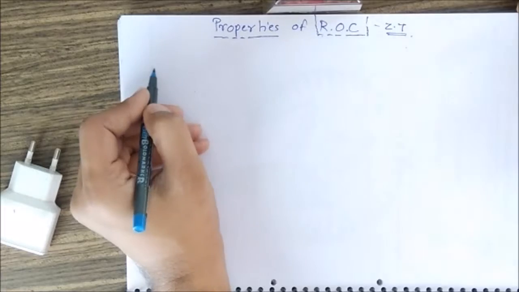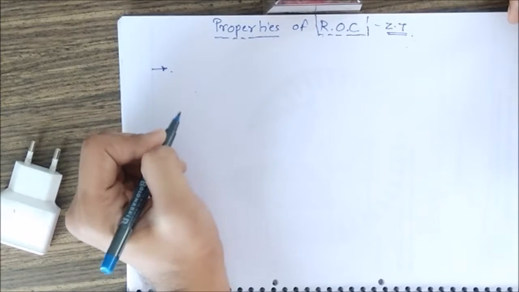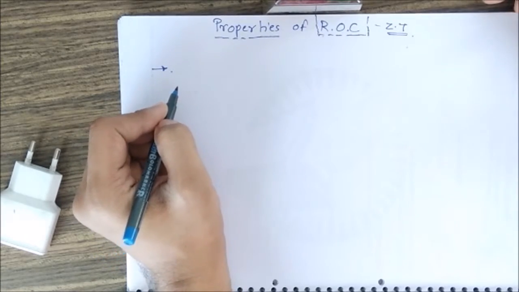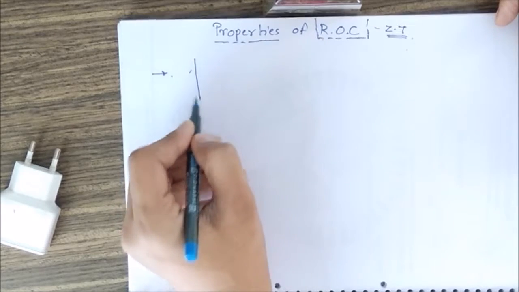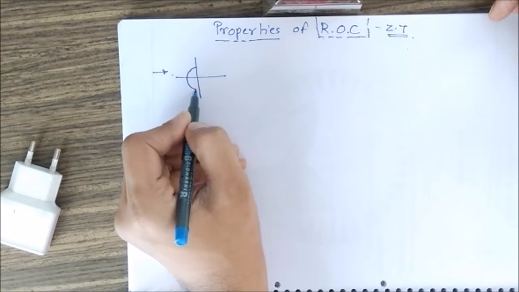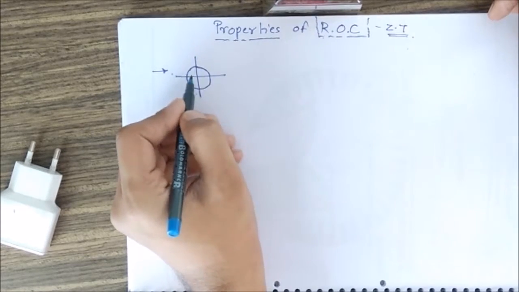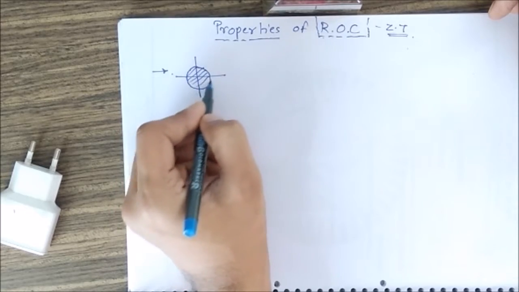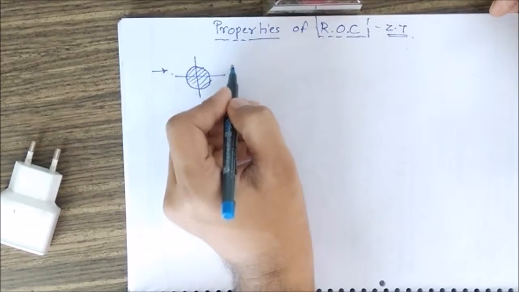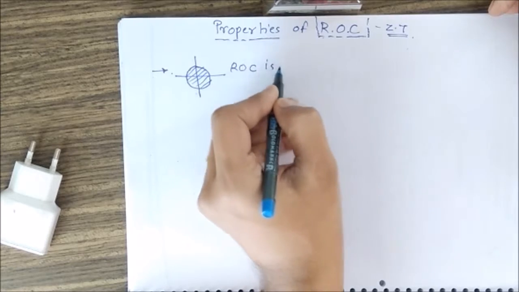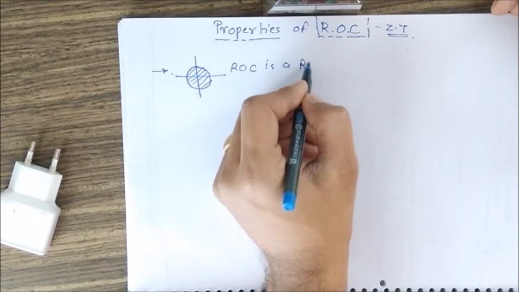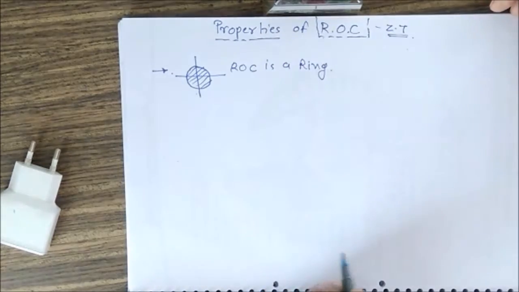So let's begin. Very first point is the ROC is a ring set. ROC always has a ring set nature. For example, like this, the ROC is a ring-set region, or ROC is a ring.